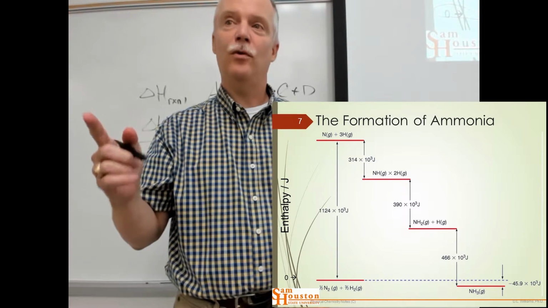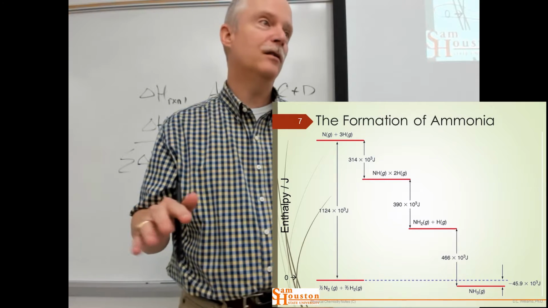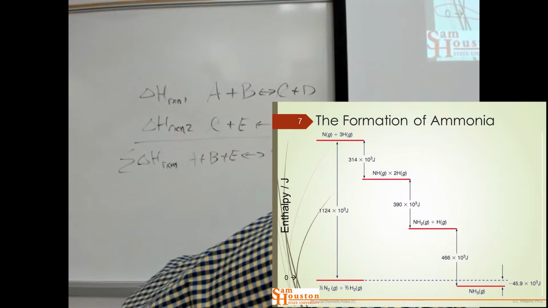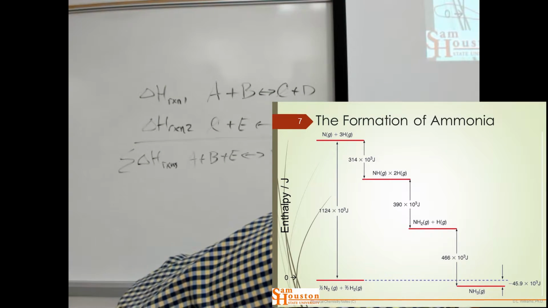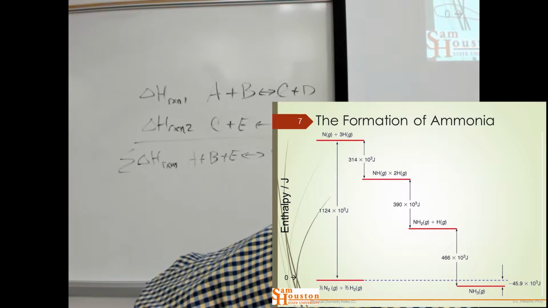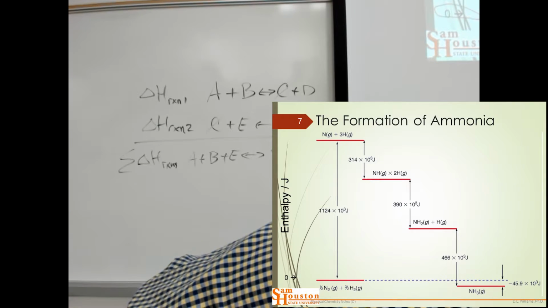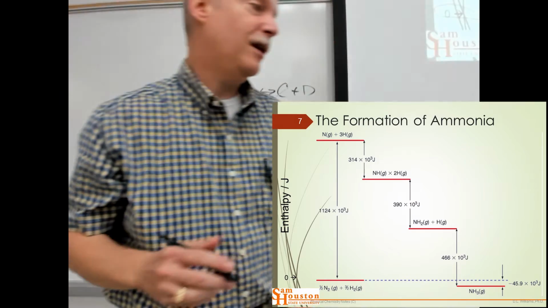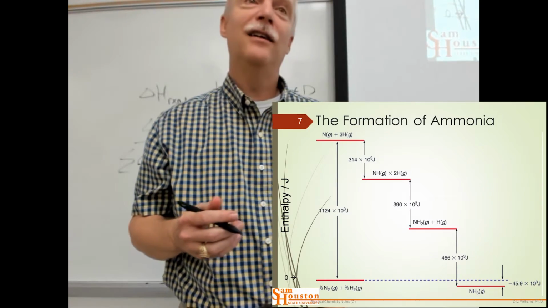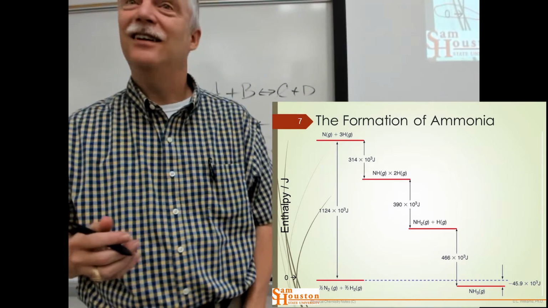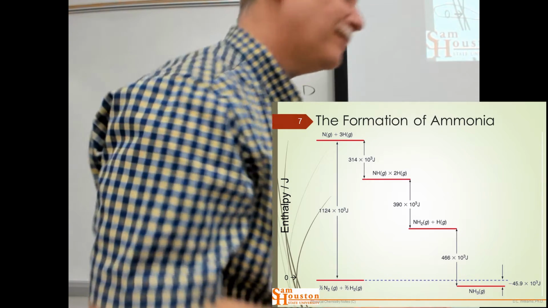That's a really important point. We've defined where 0 is. And in taking those molecules apart, up here we have the energy of the 3 atoms of hydrogen and the 1 atom of nitrogen. That took, golly, that's like 1,000,000 joules per mole, so 1,000 kilojoules to do that.